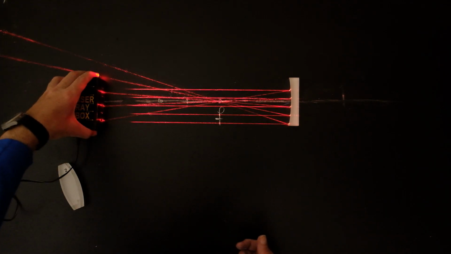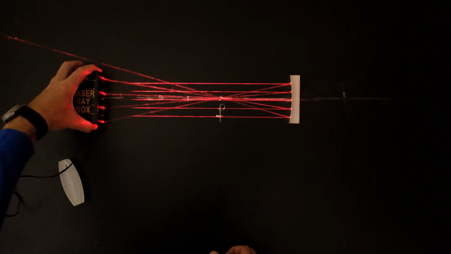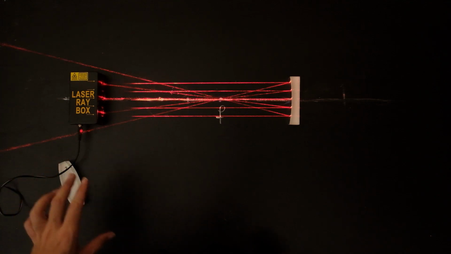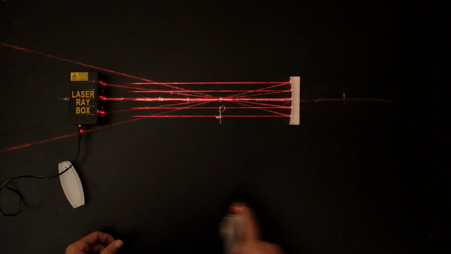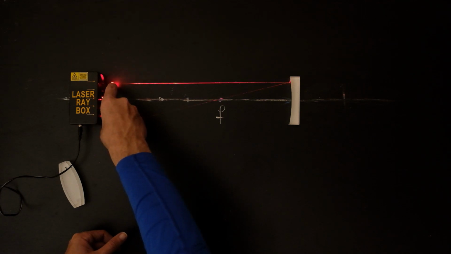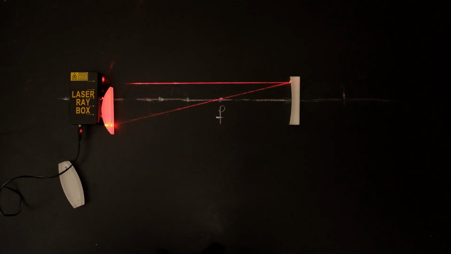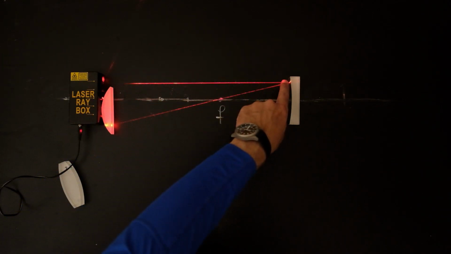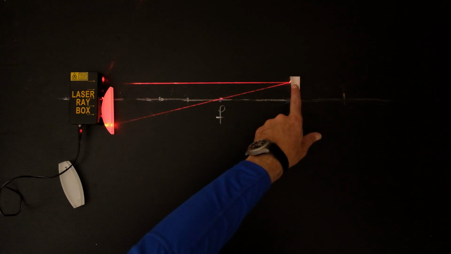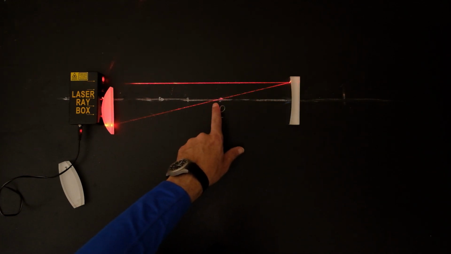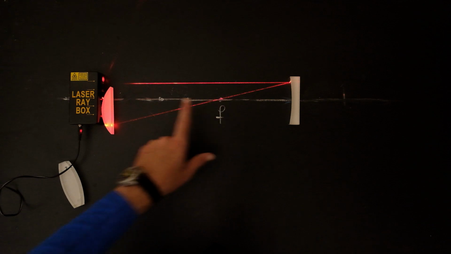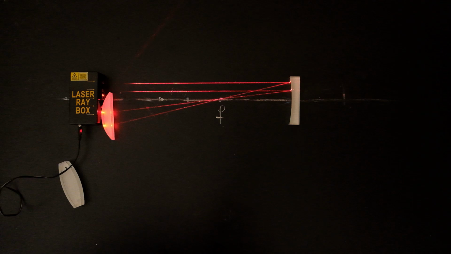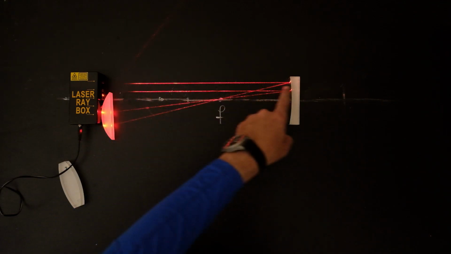So it's the same idea. And again, for mirrors, if we have parallel, we'll hit the mirror, and reflection will go through F. And it doesn't matter where this parallel ray hits. Parallel F, parallel F.